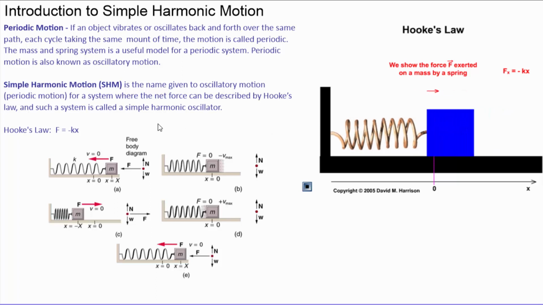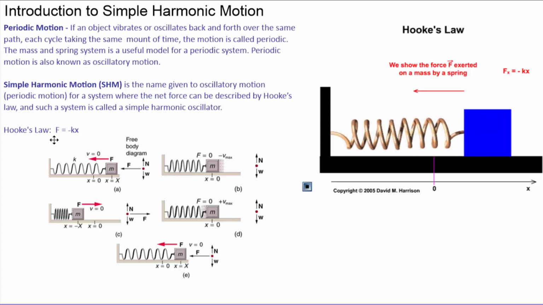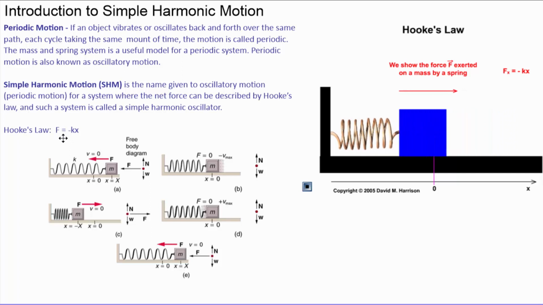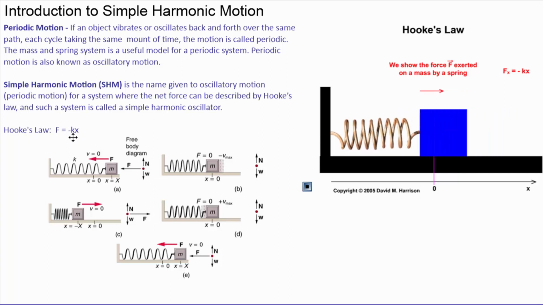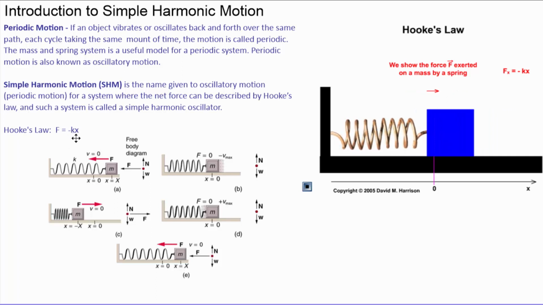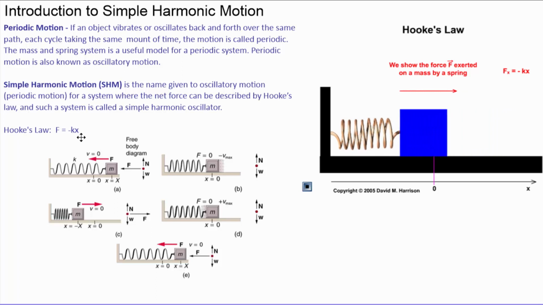When we're dealing with springs in the energy unit, Hooke's law said that the force coming from that spring was equal to negative kx, with k being the spring constant or force constant, and x being the distance the object was displaced away from its equilibrium position.